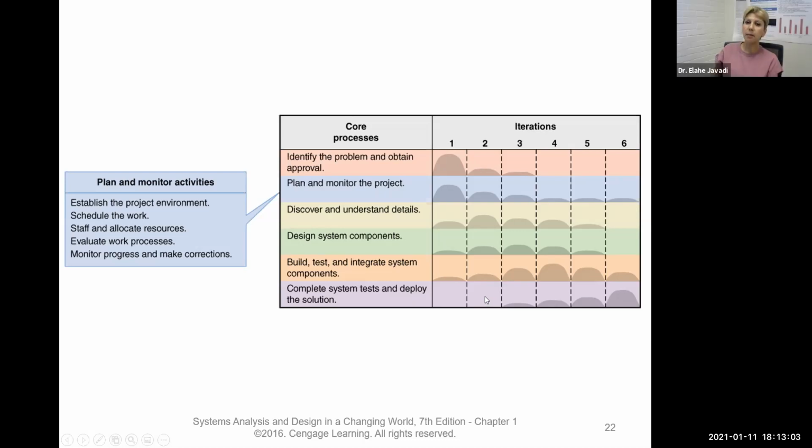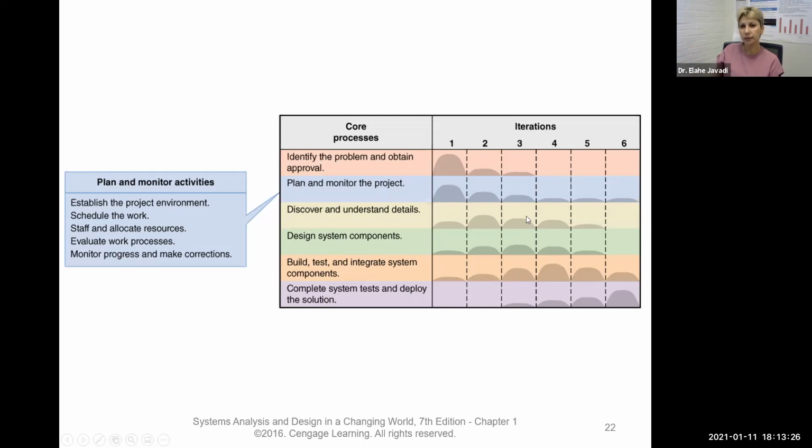This is an example iterative project. It has 6 iterations, and as you described, Aisha, they didn't do any deployment in the first 2 iterations. Go ahead, Shivani, explain this third iteration.